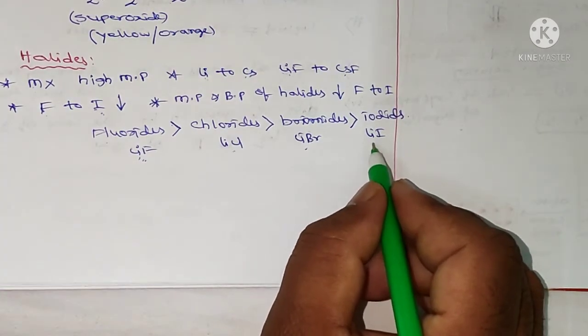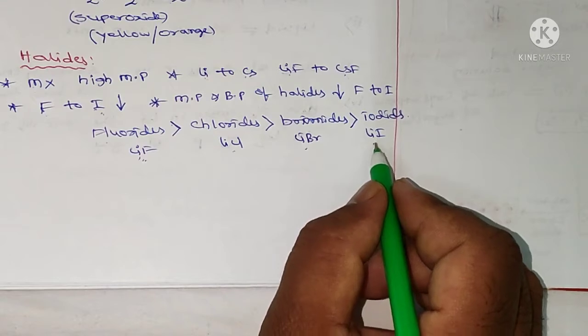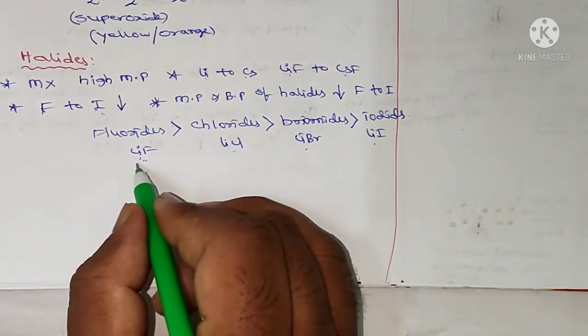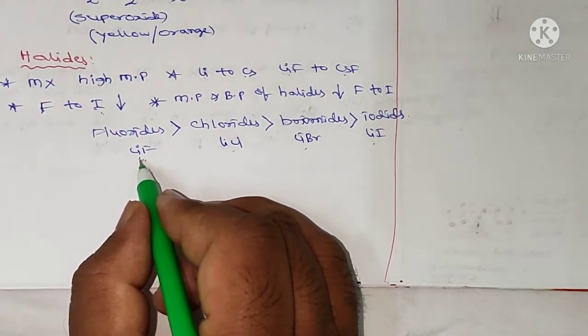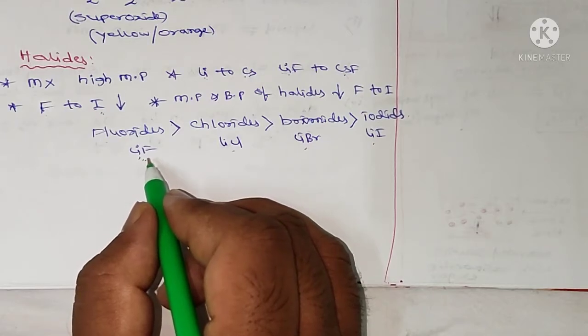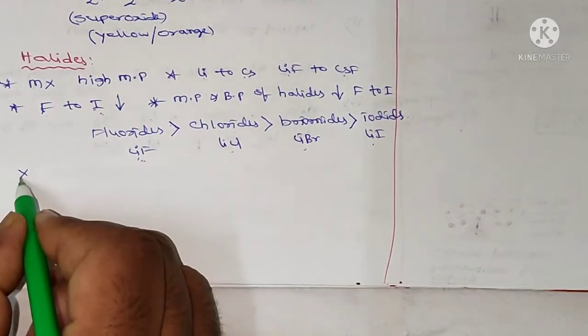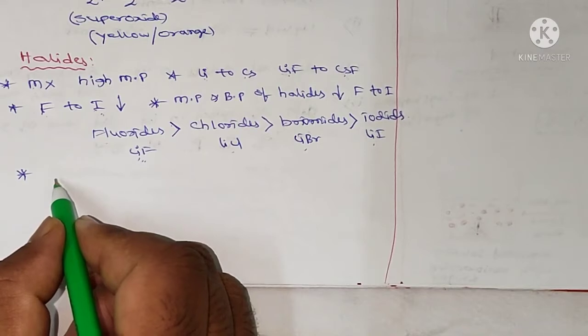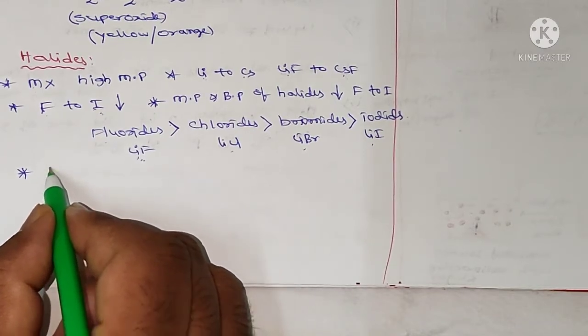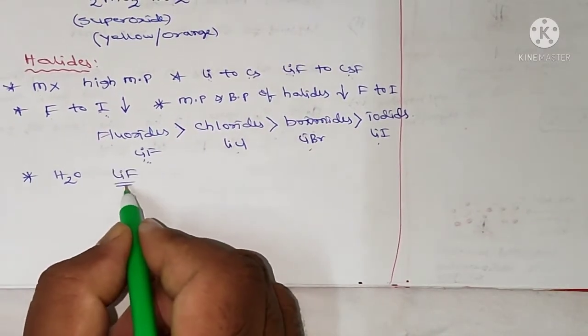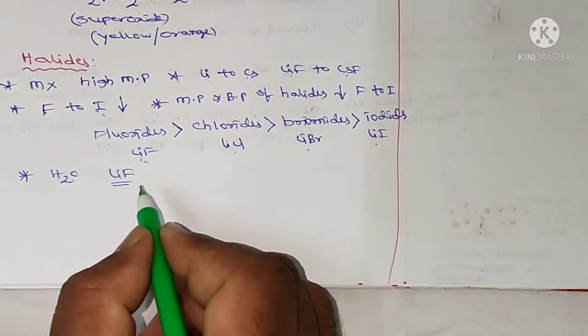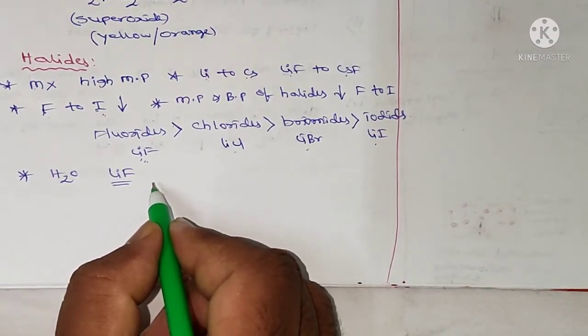Lithium iodide has the lowest melting and boiling points, and lithium fluoride the highest. All halides are soluble in water, but lithium fluoride has low solubility in water.